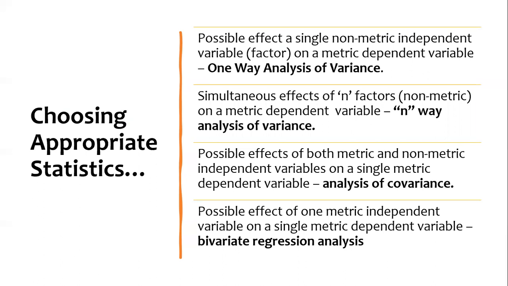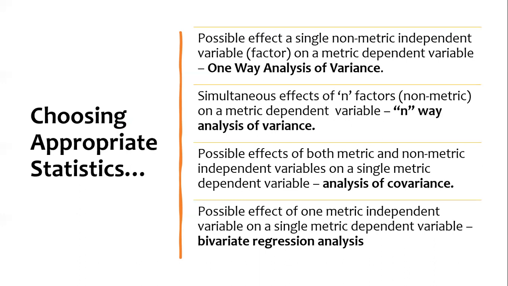That's what we call ANOVA. So when you want to look at the effect of a single non-metric independent factor on a metric dependent variable, you need to take note of that.